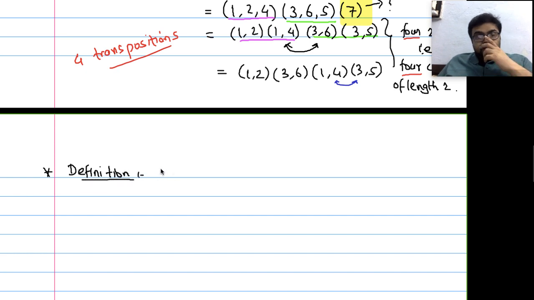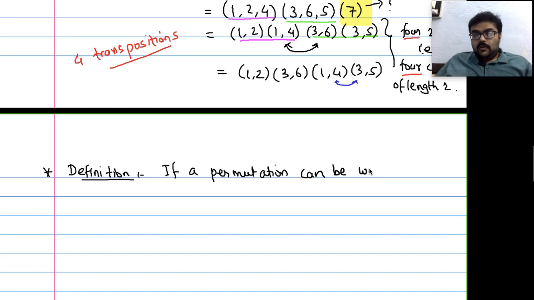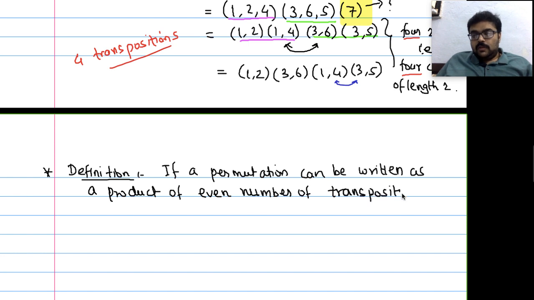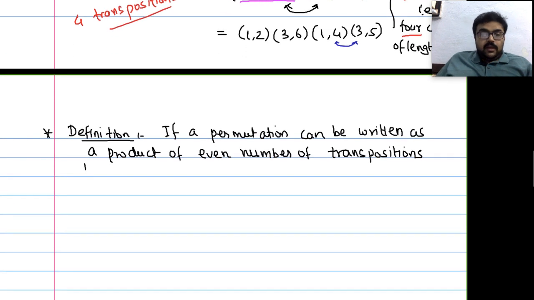Definition: if a permutation can be written as a product of an even number of transpositions, then it is called an even permutation.